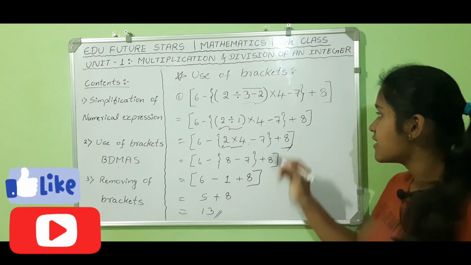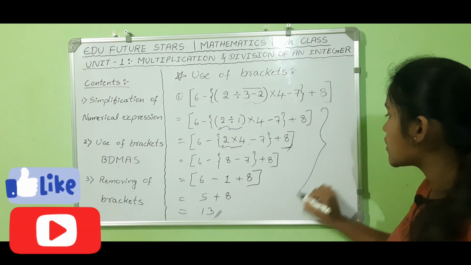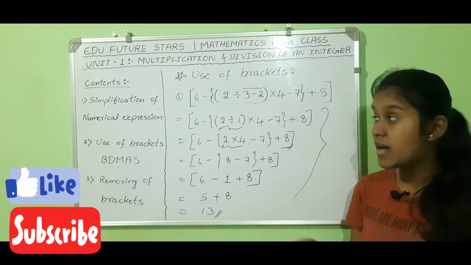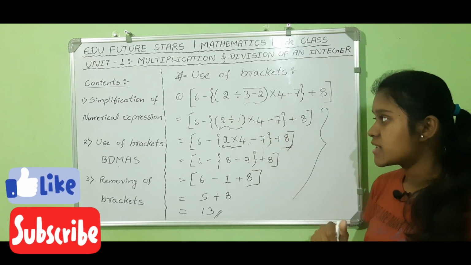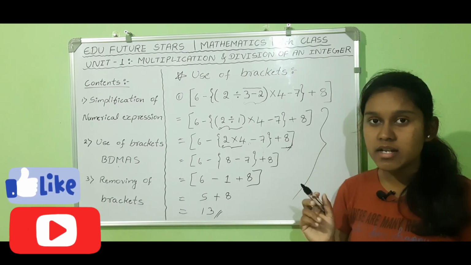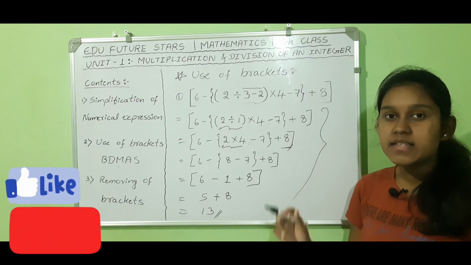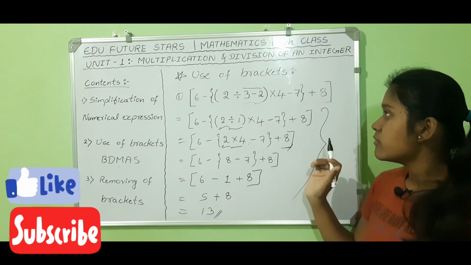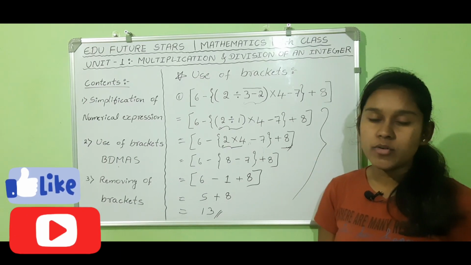Getting it? This much you have to solve. Got it? Why we are using the vinculum and why the need for these brackets. Understood? If we use brackets and the vinculum, everybody gets the same result. No difference in the results. That's why using brackets is very important.